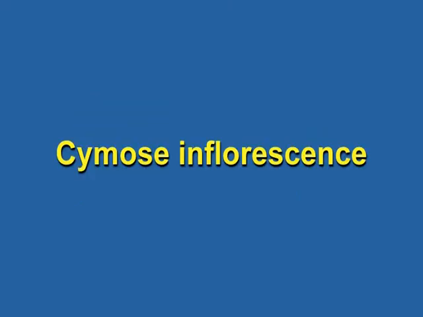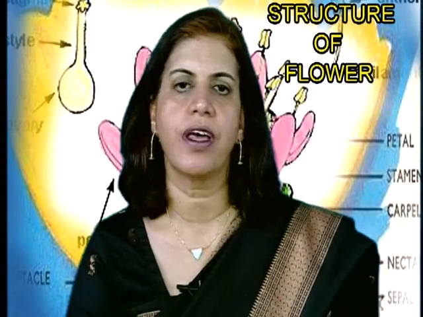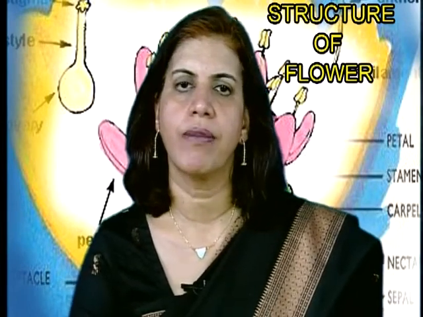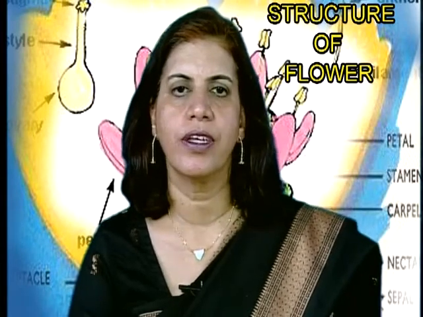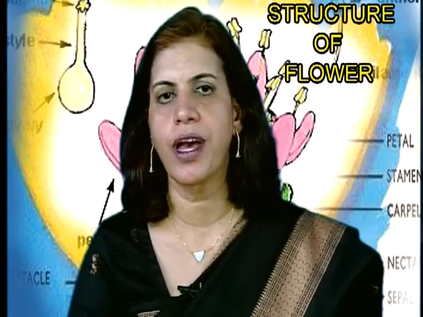Now we see cymose inflorescence. What is cymose inflorescence? Let us talk about cymose inflorescence. Cymose inflorescence is divided into three categories: monochasial cyme, dichasial cyme and polychasial cyme. First of all, let us see what is monochasial cyme.